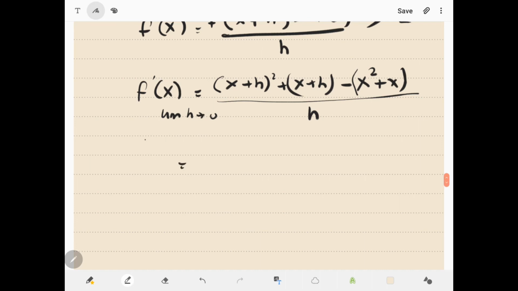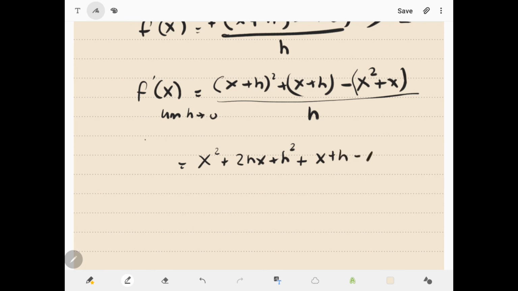So let's expand this term using the binomial theorem. This becomes x squared plus 2hx plus h squared, plus x plus h.